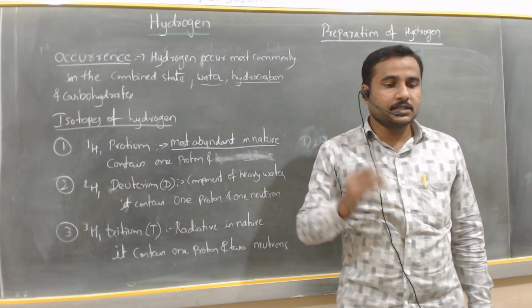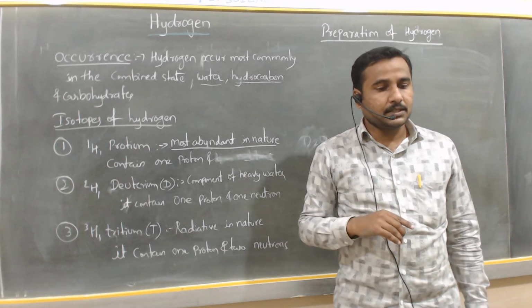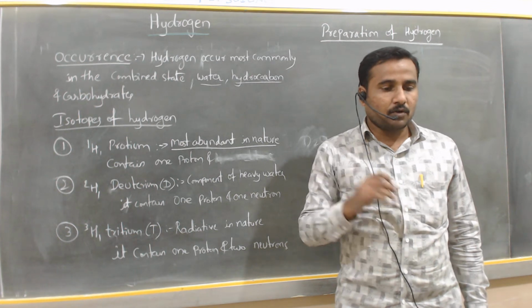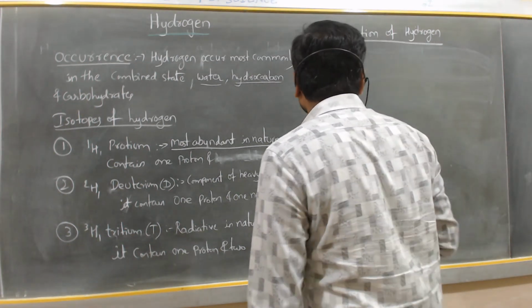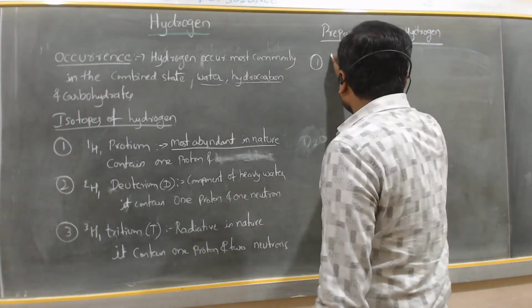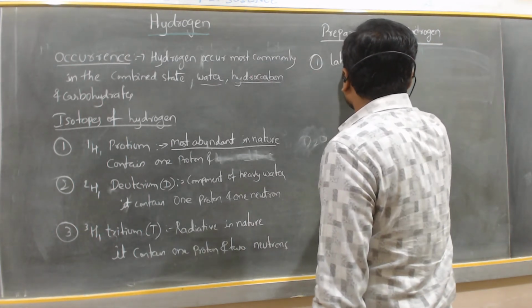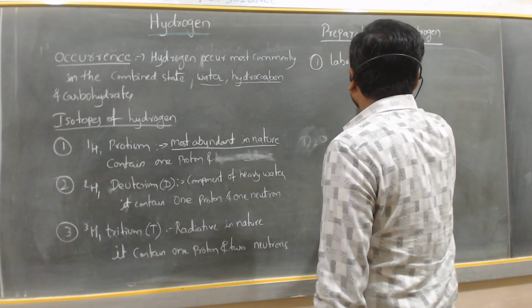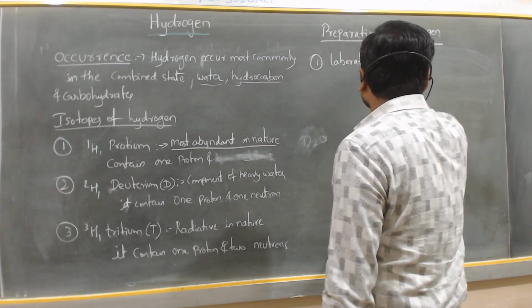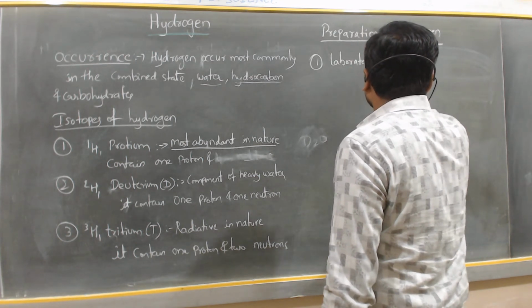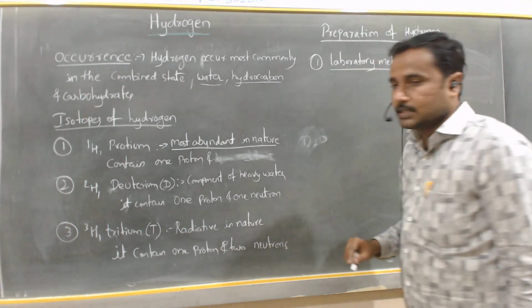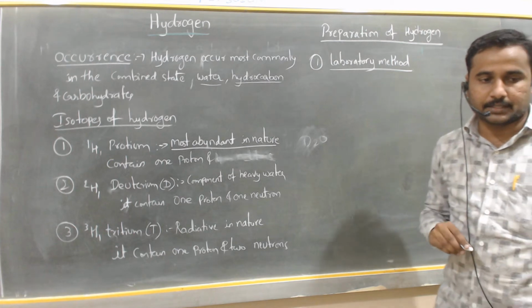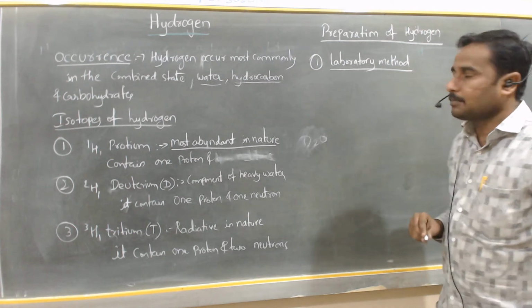Commercial means they are producing in large quantity. Laboratory means they are producing in small quantity. One is the laboratory method, another is the commercial method. First we will discuss the laboratory method.